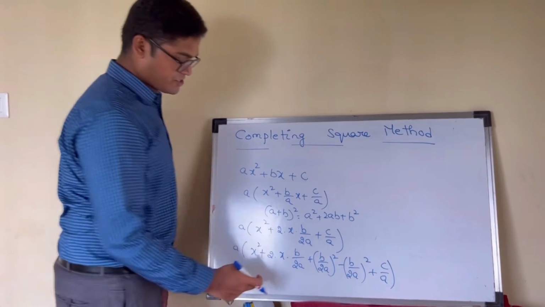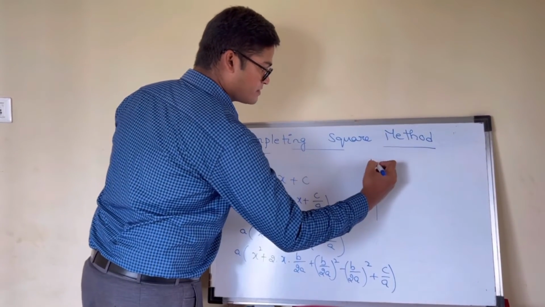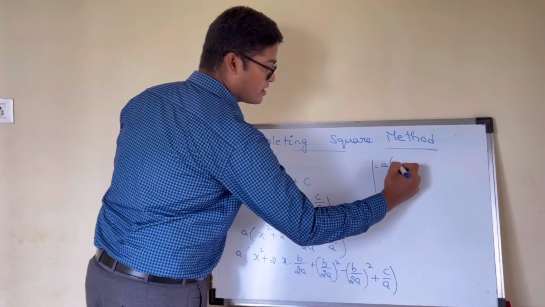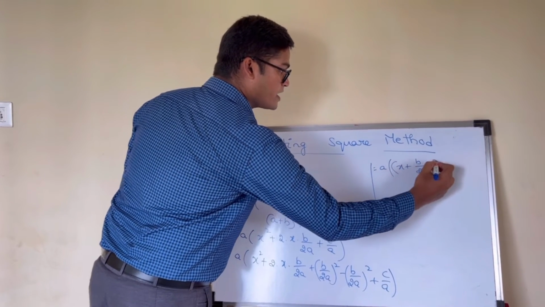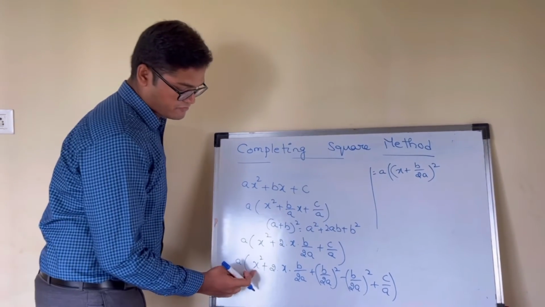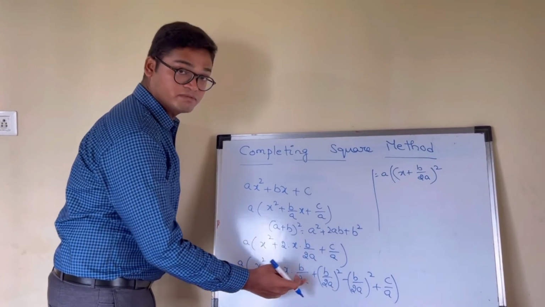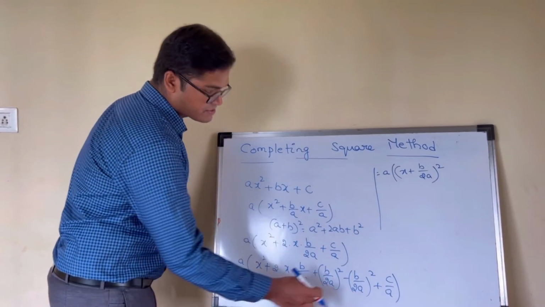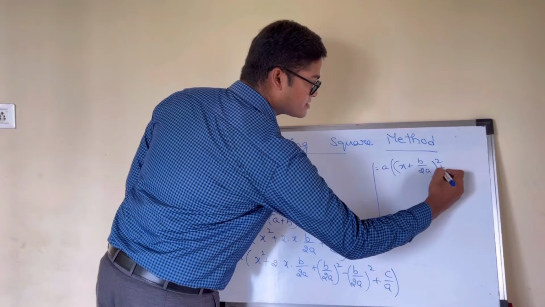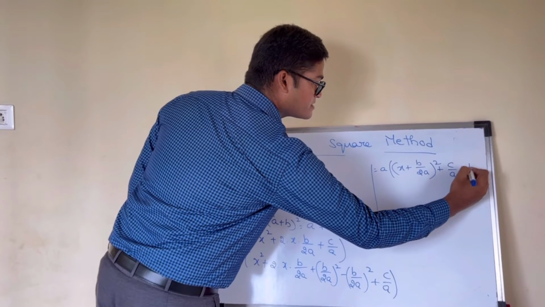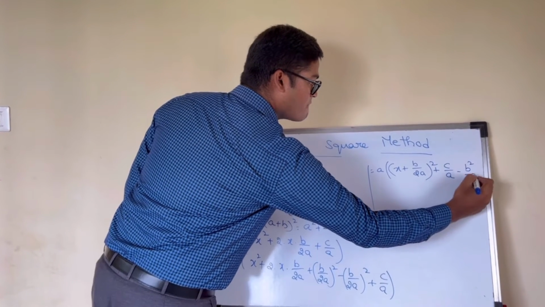From this we are going to get a into x plus b by 2a whole square. This is in the format a square plus 2 into a into b plus b square, so it becomes (a plus b) whole square, here (x plus b by 2a) whole square. The remaining part is plus c by a minus b square by 4a square.